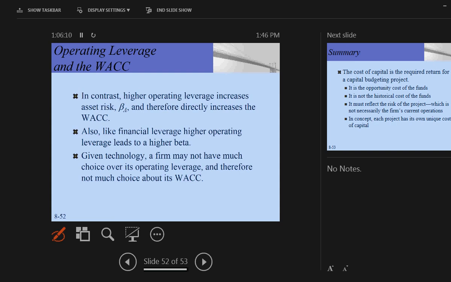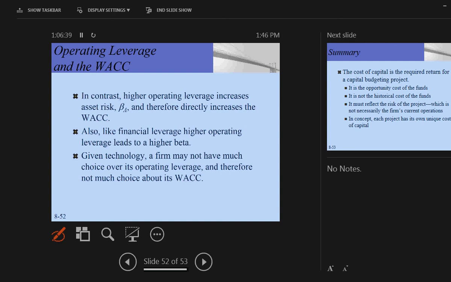As mentioned before, given the available sets of technology, you have a very limited set of available possibilities for operating leverage, and as a result, WACC cannot have many different outcomes depending on the type of operating leverage. So that's a good thing. It's less hard to deal with.